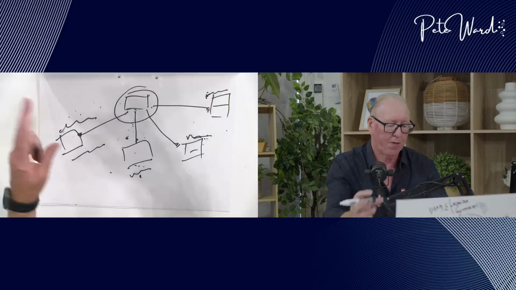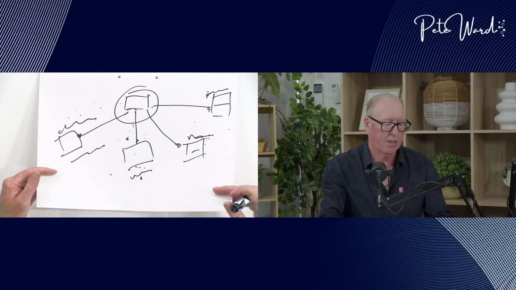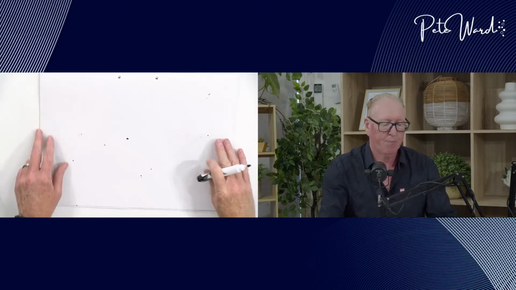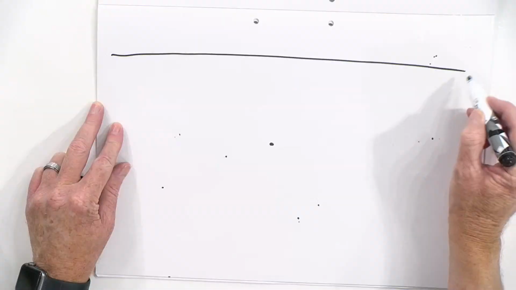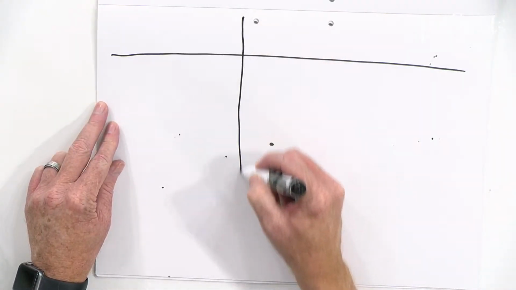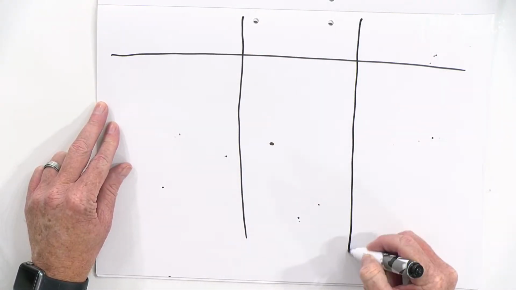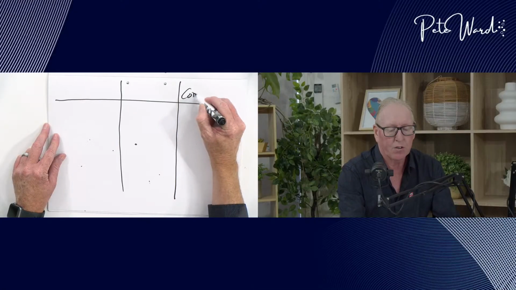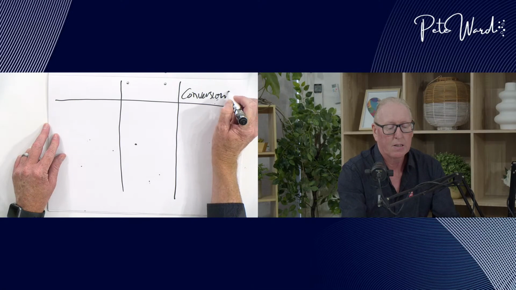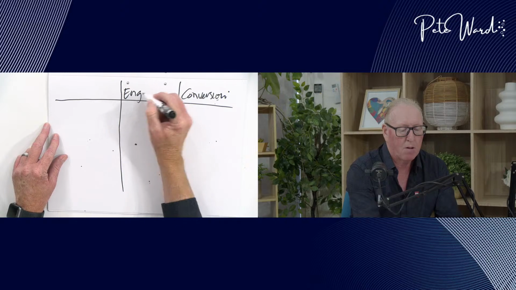Now, one of the things I will do also today is it's very, very easy to just line this up. Okay, and you're really just starting with a nice little matrix here. I love these. Okay, so this is conversion. Okay, this is engagement.